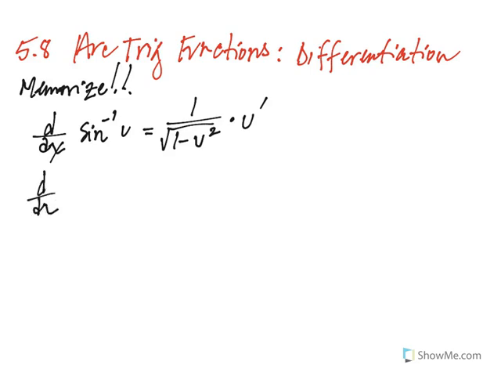The second, the derivative with respect to x of the arctangent of u, is equal to 1 over 1 plus u squared times u prime.